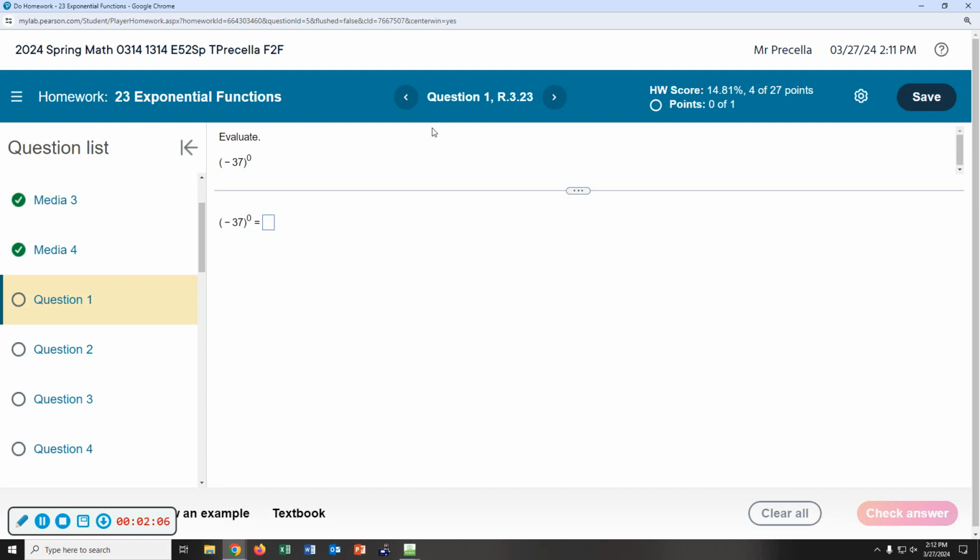Looking at number 1, we have negative 37 to the 0. These properties are always true, even if the base is negative. So we have a non-zero to the 0. What does that equal? The number 1.